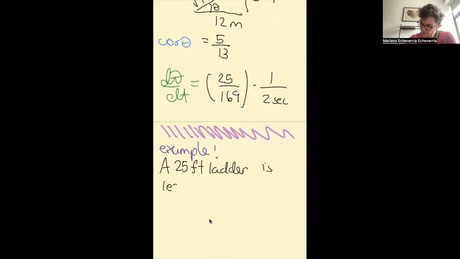A ladder is leaning against a house. Well, let's do it against a tree.